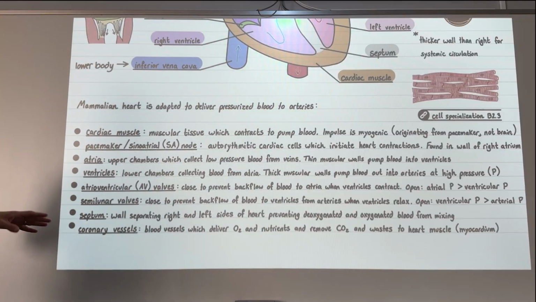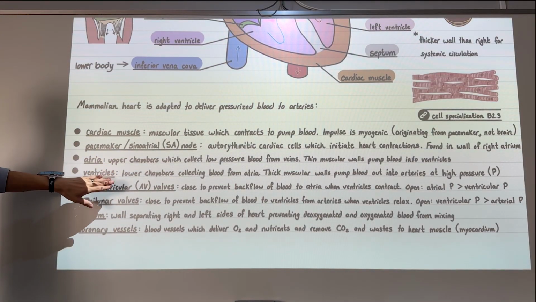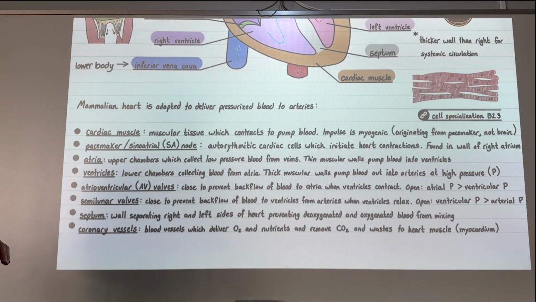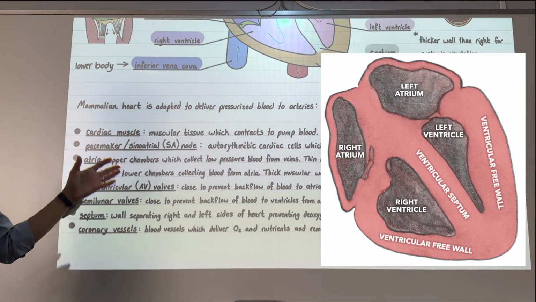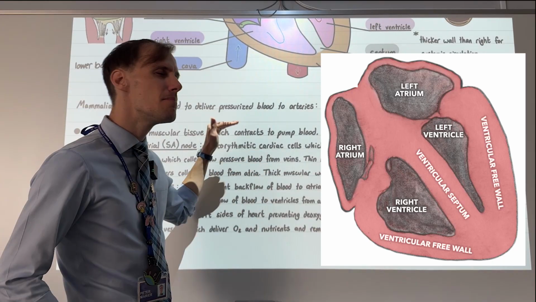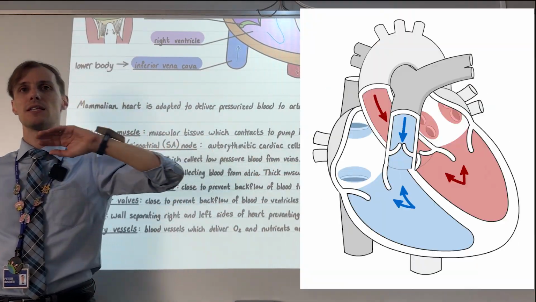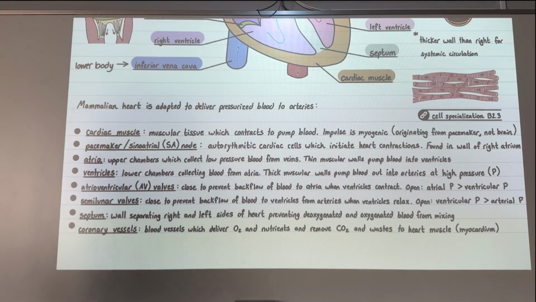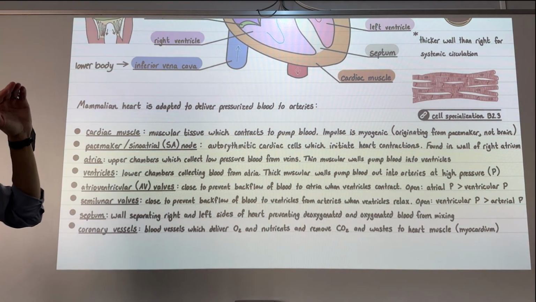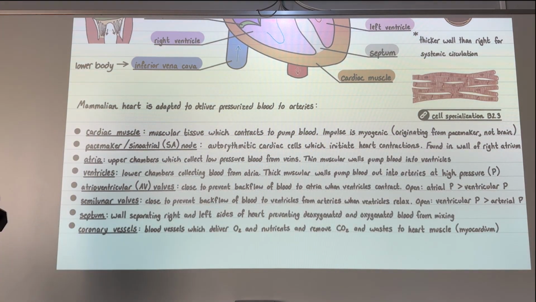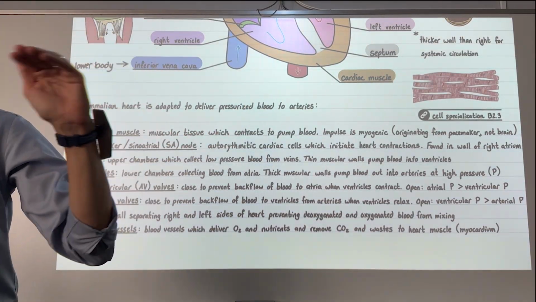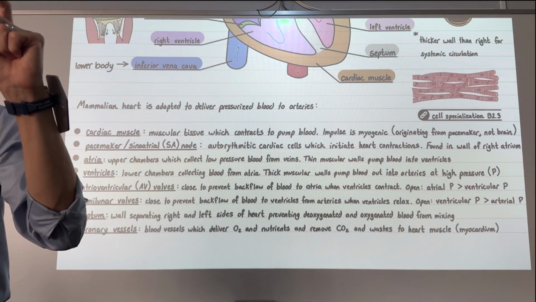Now the ventricles, as you already deduced, are the lower chambers of the heart, and they collect blood from the atria, but they have much thicker muscular walls because they have to send blood a much larger distance away. So they have to be adapted to pumping at very high pressure, and thus you can identify a ventricle from an atria very easily by the relative thickness of their muscular walls.